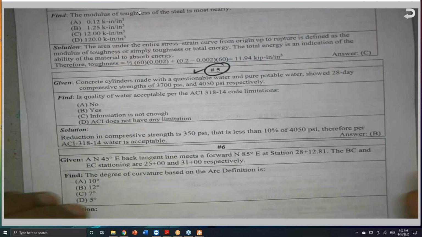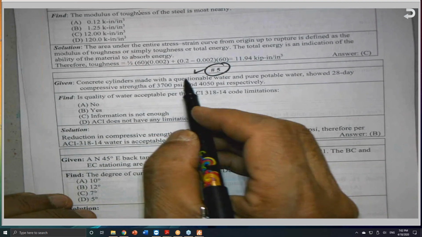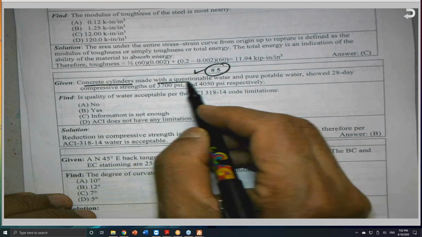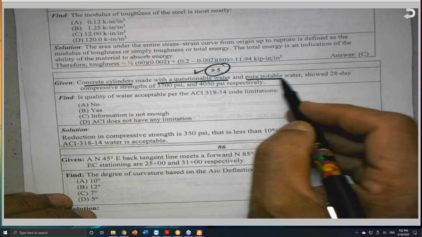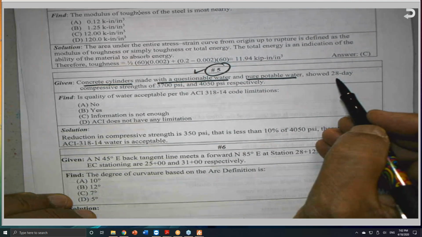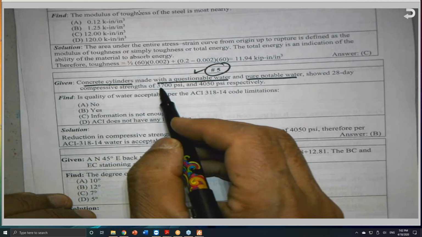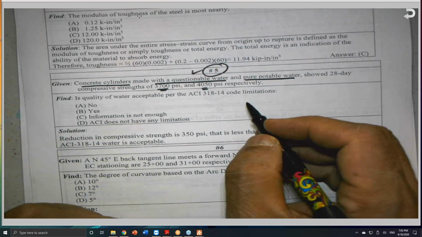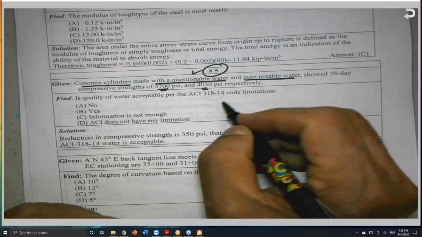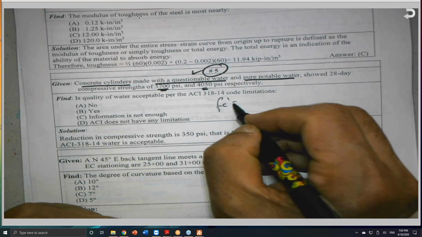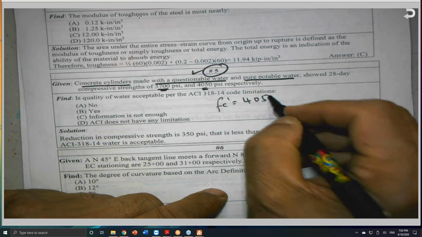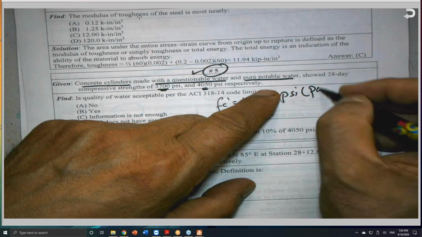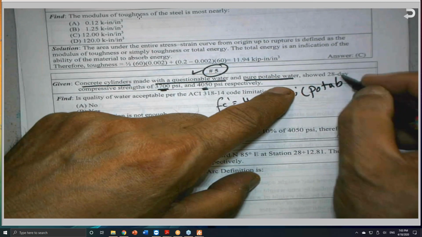So the problem number 5: concrete cylinders made with a questionable water and a pure potable water showed 28-day compressive strengths of 3,700 and 4,050. So the potable water gave me f'c of 4,050 psi.